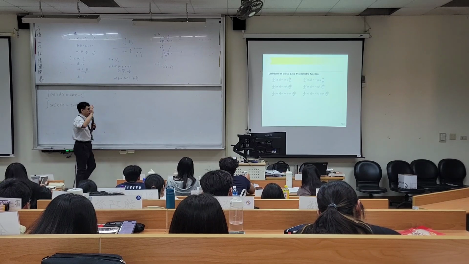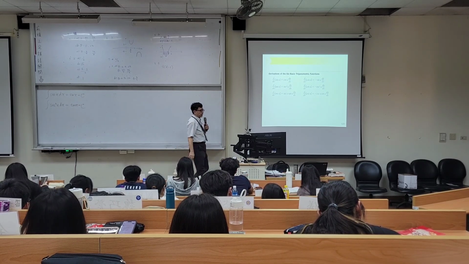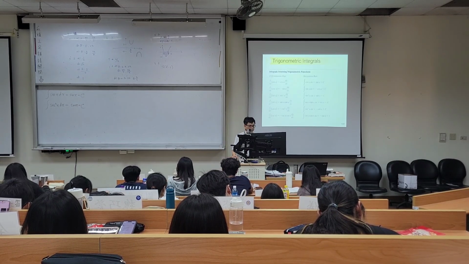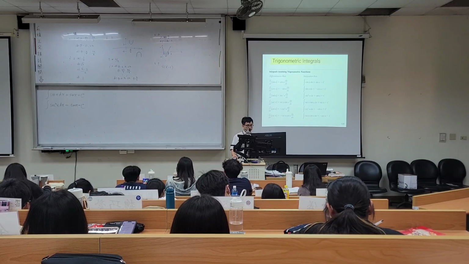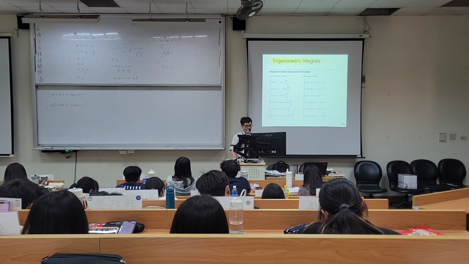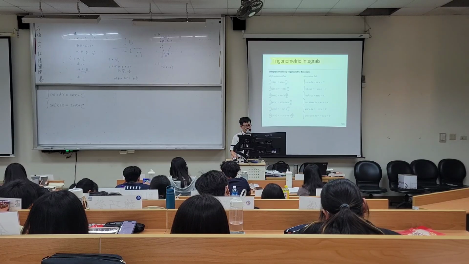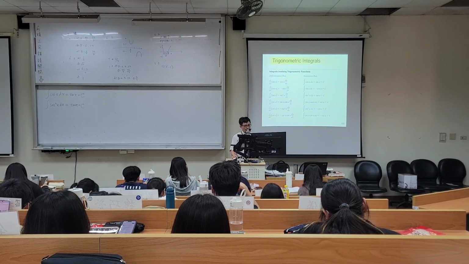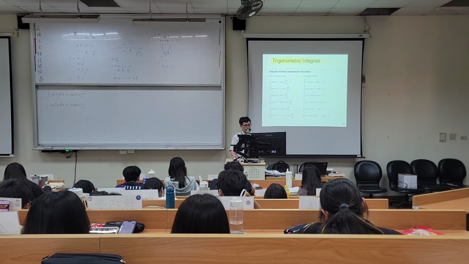We can do the same thing here. So from here, the integral of cosine will be sine, because the derivative of sine is cosine. And from here, we know that if you are taking the integral of sine, you will get minus cosine, okay?